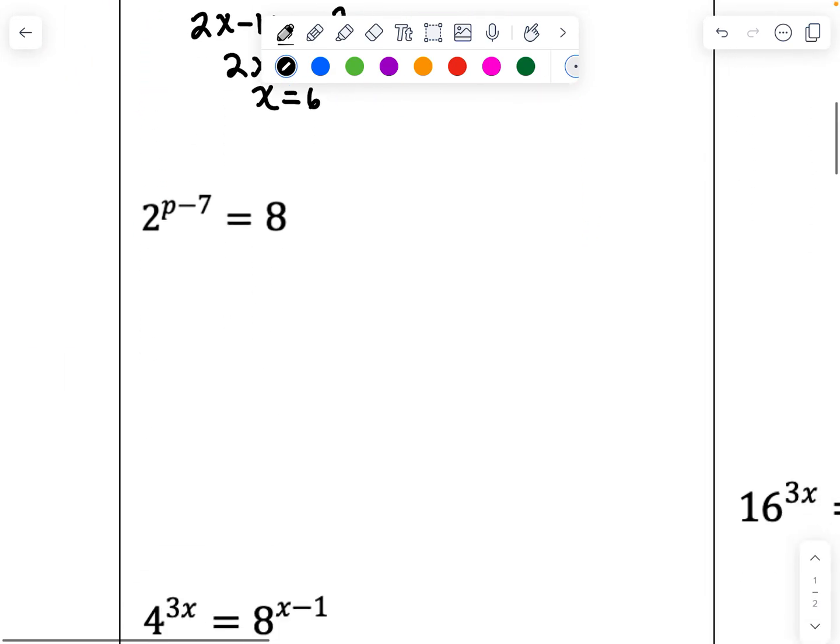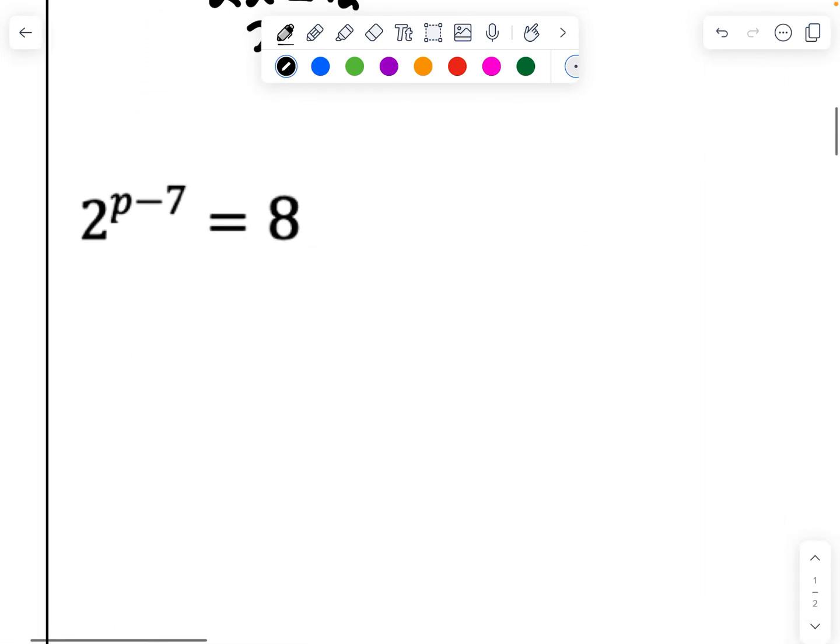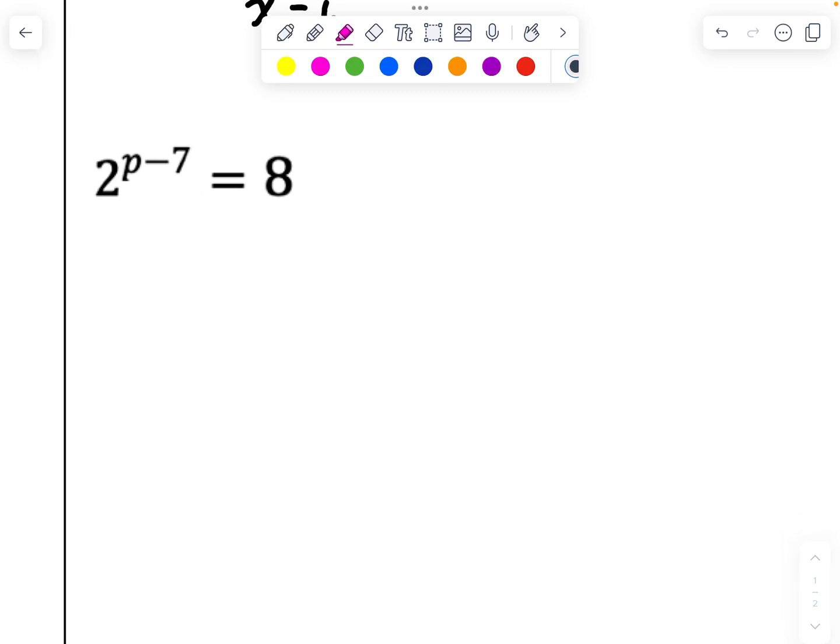And so if we look at this one, we notice that our bases are not the same, but the bases need to be the same. So I can say that 8 is equal to 2 to the third power.